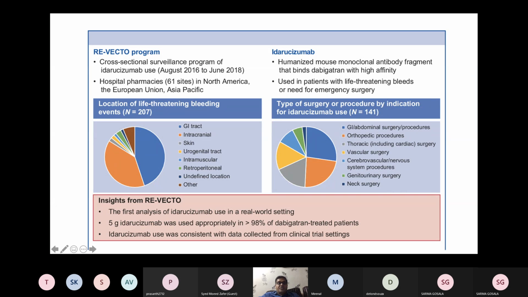The first analysis shows 5 grams of idarucizumab is used appropriately in 98% of dabigatran-treated patients. The idarucizumab use was consistent with data collected from clinical trial settings.